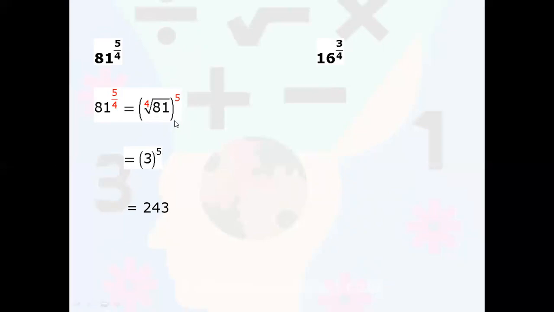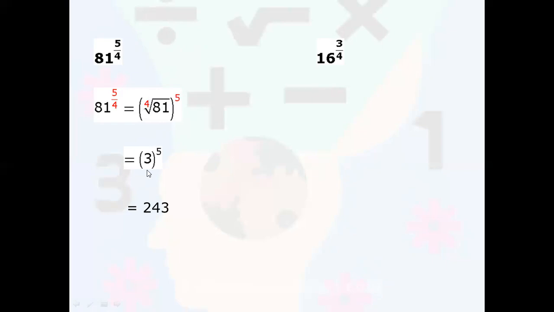Now what do we do with this 5? It acts like an exponent. So we are just going to multiply 3 5 times. So 3 multiplied by 3 multiplied by 3 multiplied by 3 multiplied by 3 will give you 243. That's all. Just one more extra step added to what you did. All this time we were just looking at how to solve only this part, right?